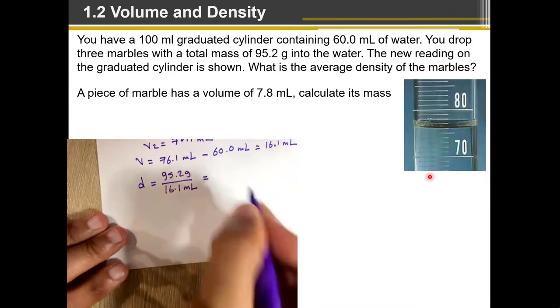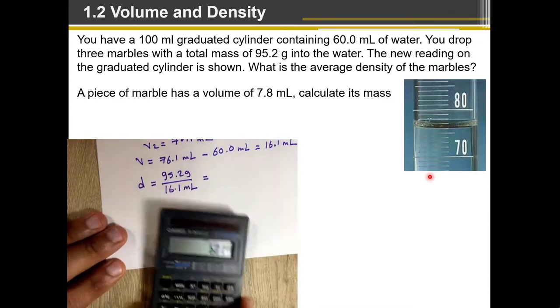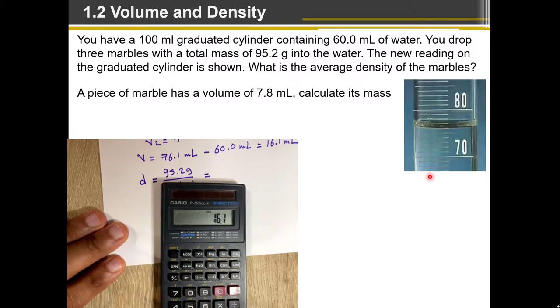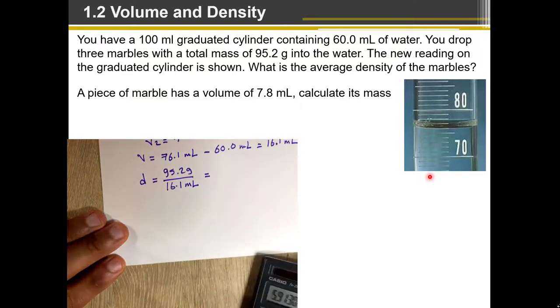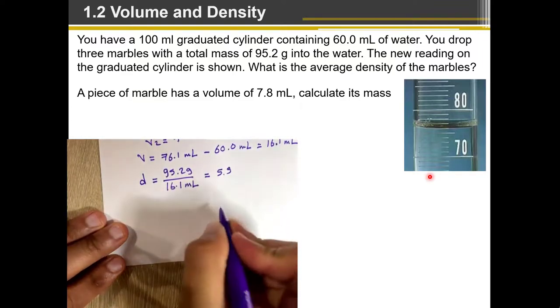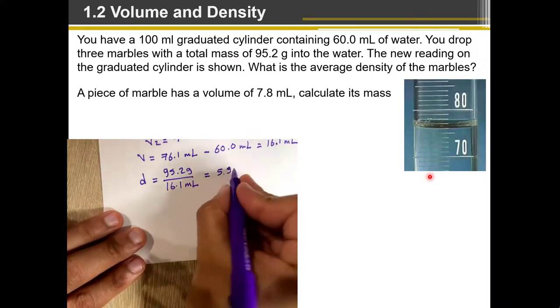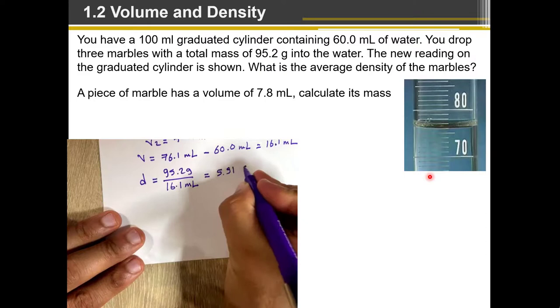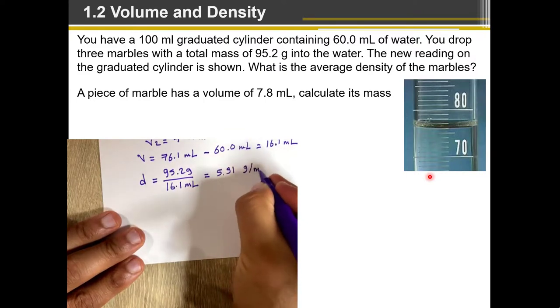So it's going to equal, again, 95.2 divided by 16.1, so it's going to equal 5.91 grams per milliliter.